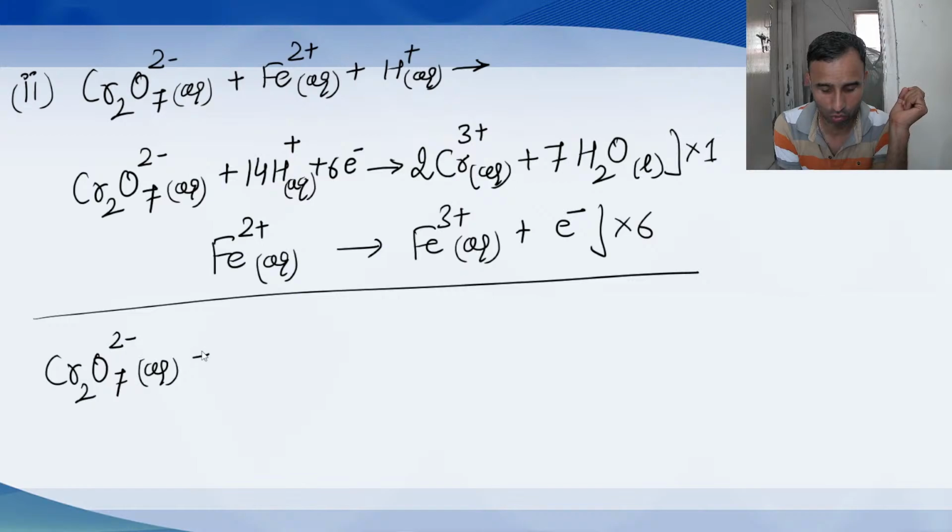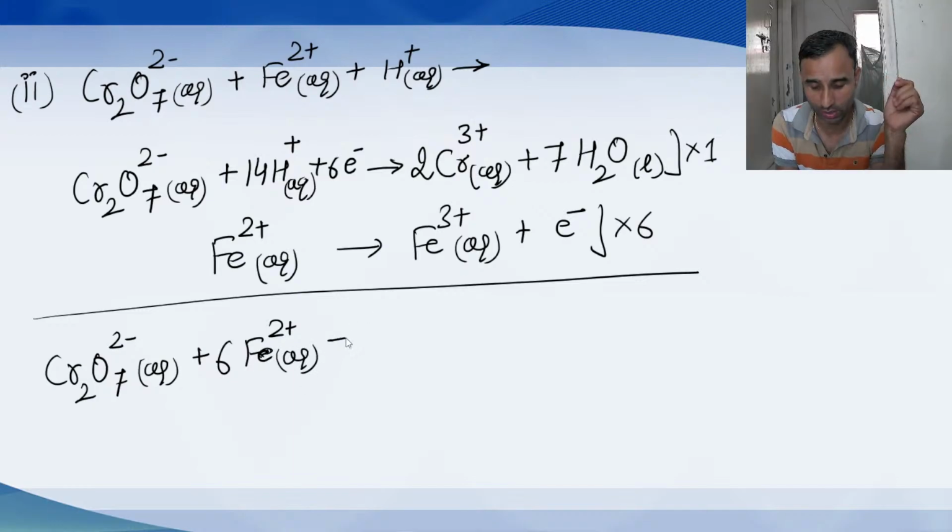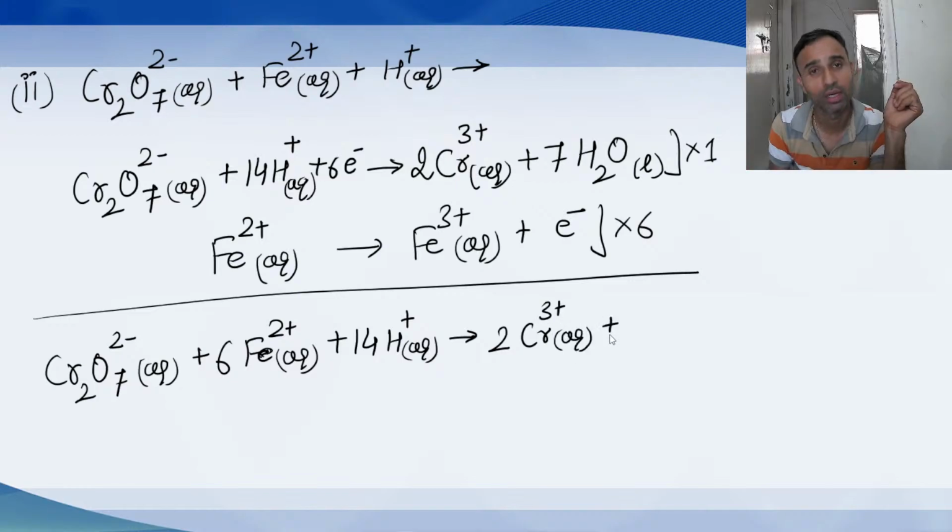Cr2O7 2- aqueous plus 6 Fe2+ aqueous plus 14 H+ aqueous gives 2 Cr3+ aqueous plus 6 Fe3+ aqueous and 7 H2O liquid.